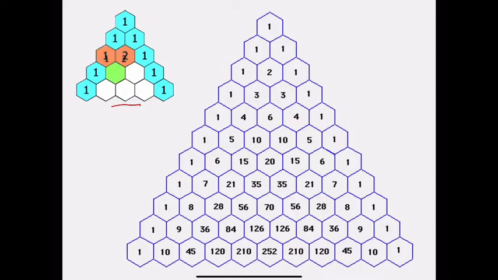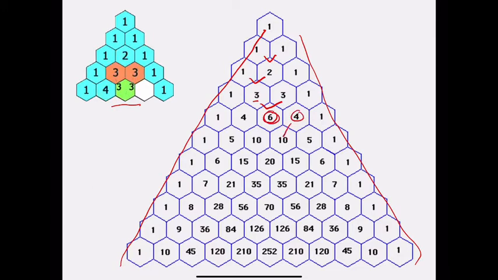You've always got ones down both sides, right? And then the other numbers are derived by adding what's above them. So 1 + 1 makes 2, 2 + 1 makes 3, 3 + 3 makes 6, 6 + 4 makes 10. And so you can generate your own Pascal's triangle pretty quickly, okay?